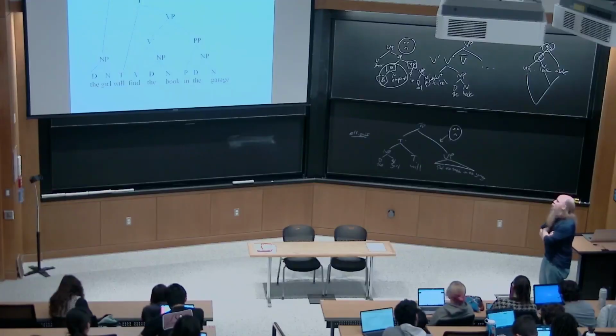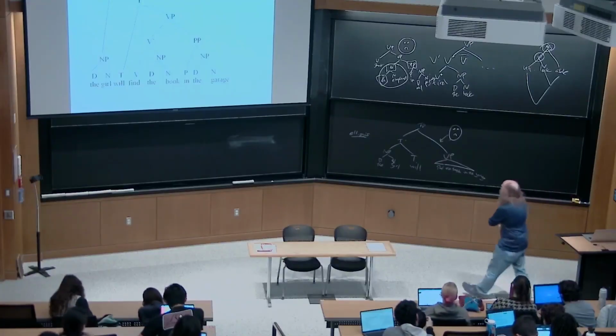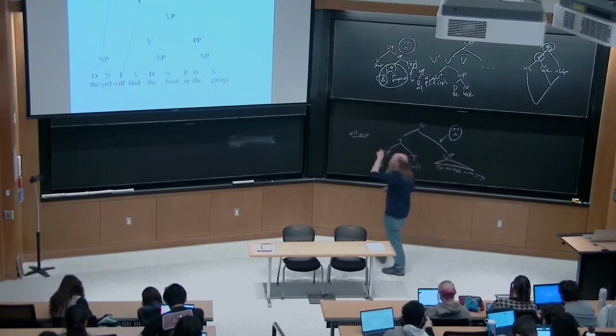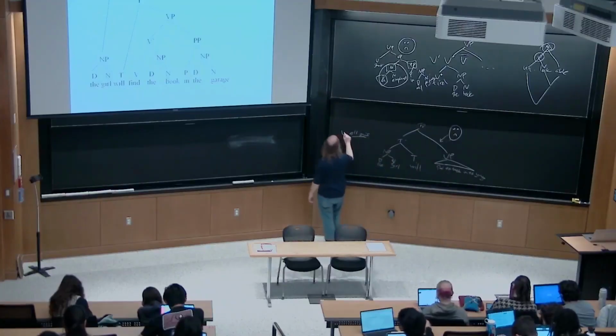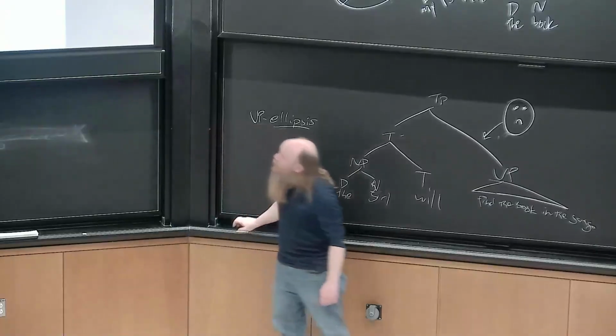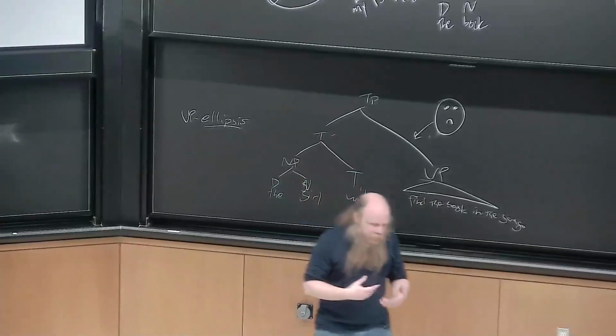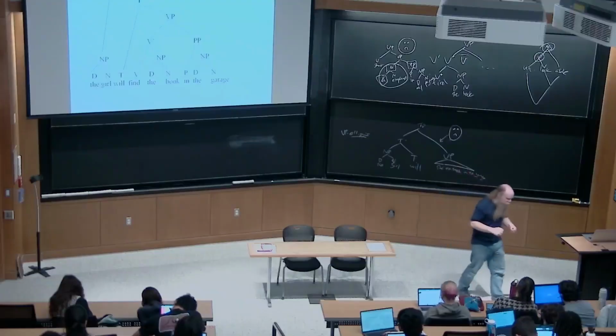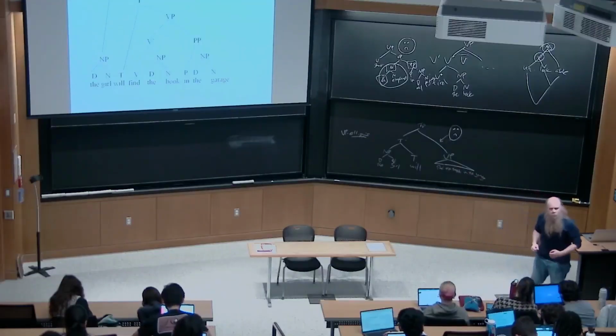All of these, the way we would talk about them in terms of a tree, like the one on the slide there, is in terms of what's called VP ellipsis. There's this process of silencing constituents, silencing phrases, that has applied to the verb phrase.